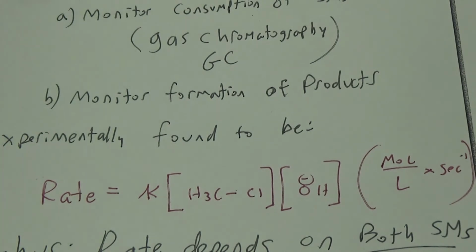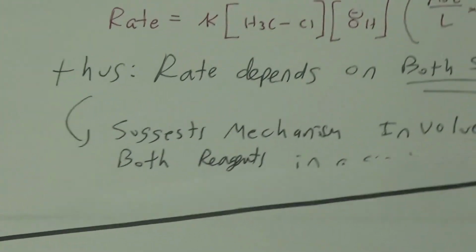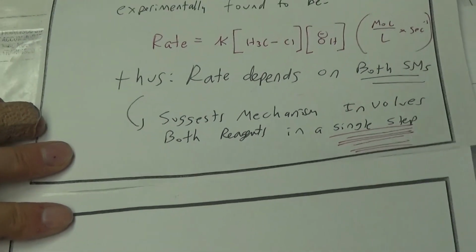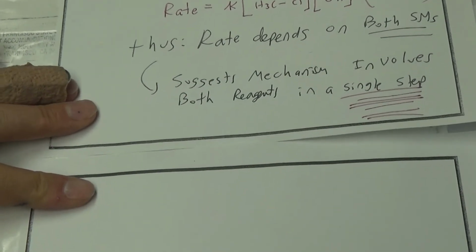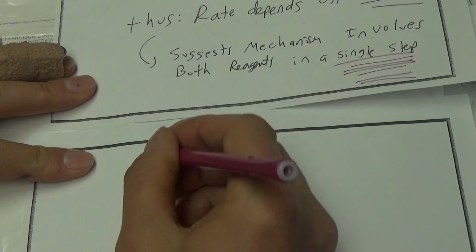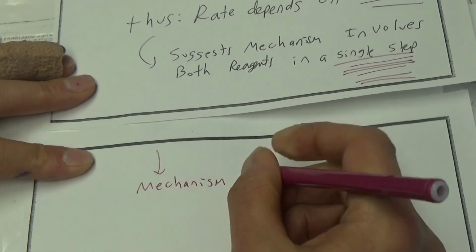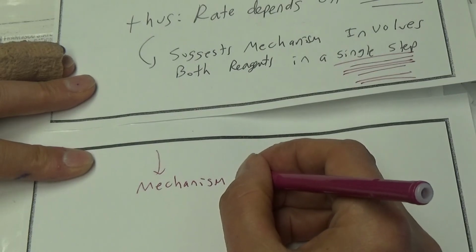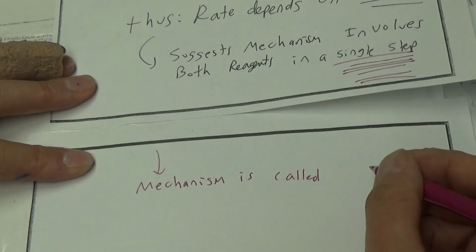I'm just going to finish up with one little thing. Both starting materials are involved in a single step. The mechanism, when both starting materials are involved in a single step, is called, anybody know, is it unimolecular or bimolecular?